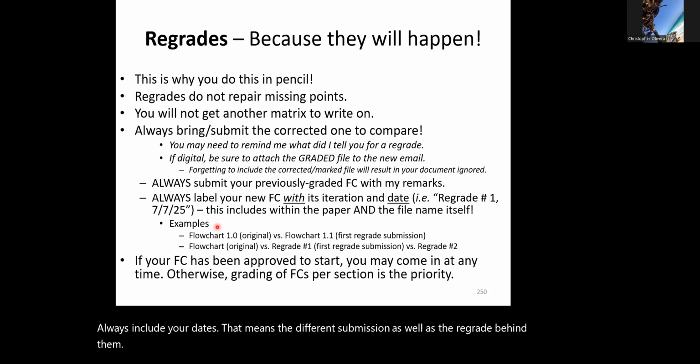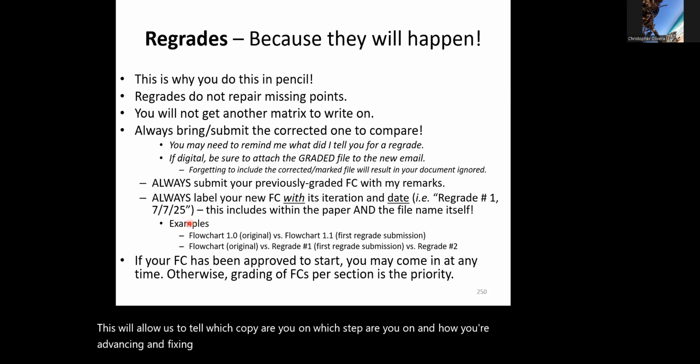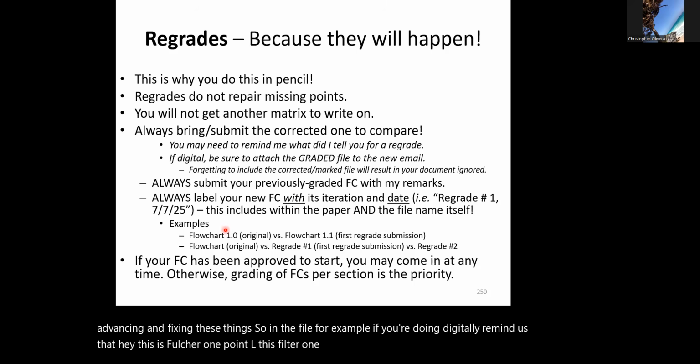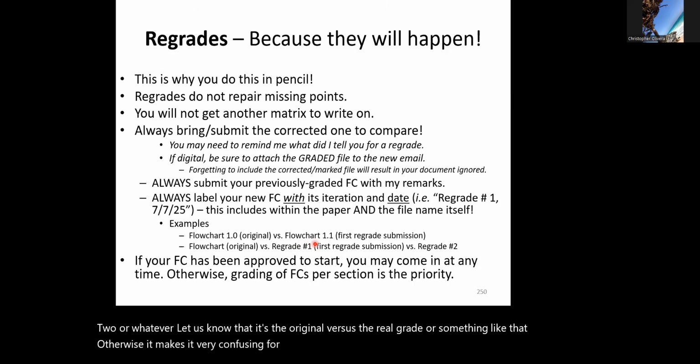This will allow us to tell which copy you are on, which step you are on, and how you're advancing and fixing these things. So in the files, for example, if you're doing digitally, remind us that, hey, this is Flowchart 1.0, this is Flowchart 1.1, 1.2, or whatever. Let us know that it's the original versus the regrade or something like that. Otherwise, it makes it very confusing for us to try and look for these, okay?